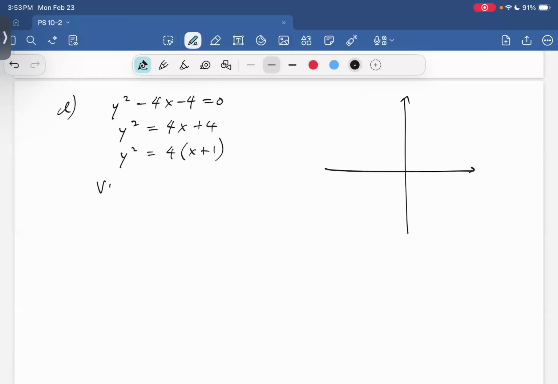The vertex is negative 1 comma 0. p is equal to 4 divided by 4. Negative 1 comma 0 is here, and it opens to the right. So that means the focus is here, and the directrix is there. So the focus is at 0 comma 0, and the directrix is at x equals negative 2.